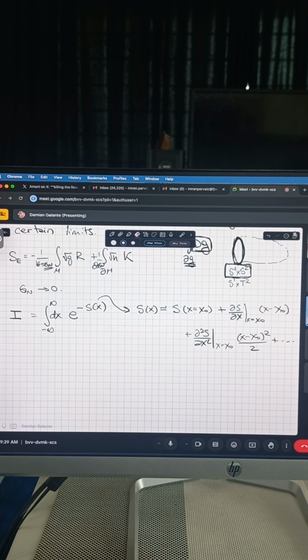Now something funny happens if we choose the x naught such that this first term vanishes. If we look at x naught such that this term vanishes, the main contribution from this function will come from the leading term.